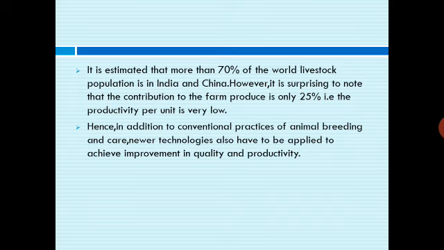Transgenic cattle is cattle with the transferred gene. Transgenic sheep, goat, pigs, etc. have been produced. The introduced genes expressed characters like increased growth, body weight, milk and meat production, and improved, good quality wool production, etc.